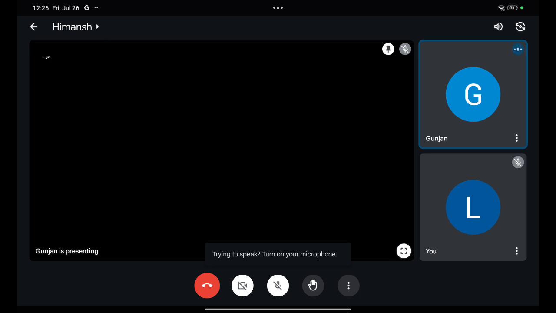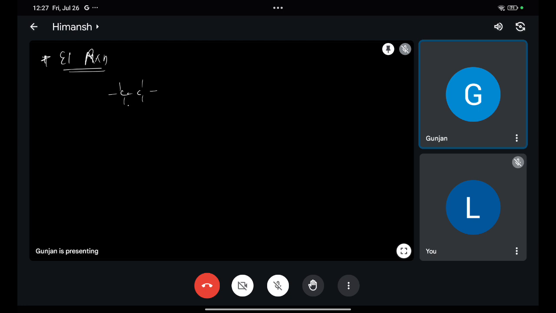After that, we did discuss E1 reaction. In E1 reaction, actually what is happening? We are having alkyl halide, EtOH, giving alkene. So the mechanism of the reaction is of two steps.